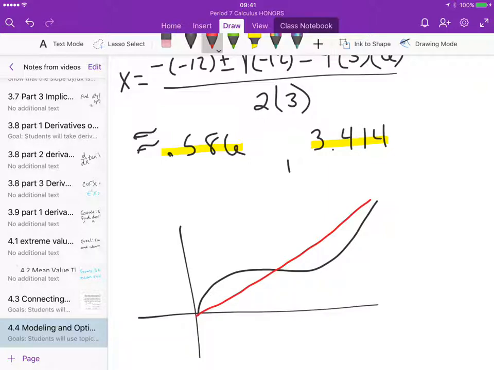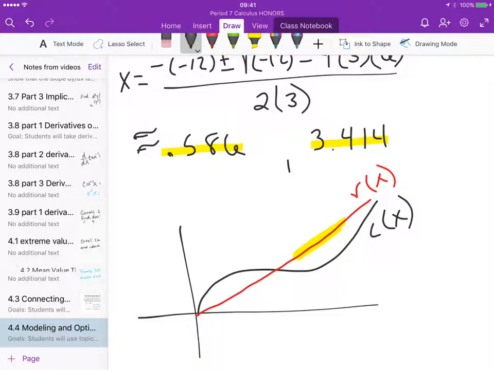So we just basically had to see where we see maximum profit versus maximum cost. So basically, where on the graph is the revenue going to be higher than the cost? Well, that's going to be happening right in this area where the revenue is higher than the cost, because remember, this was R of x and this was C of x.